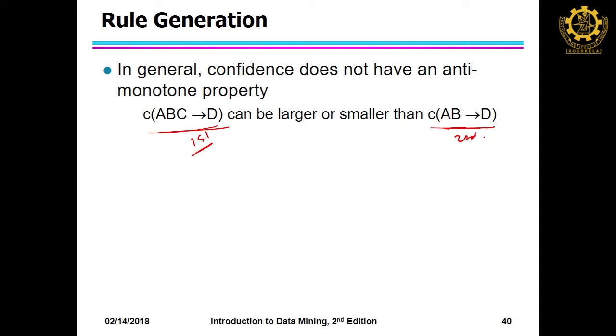The confidence of a superset can be larger than the smaller one, so we cannot ignore that. If you find one subset is infrequent, even its superset can be frequent. Confidence is not used like frequency for item sets; it is like weak or strong, for example above 60% or above 50% and so on.